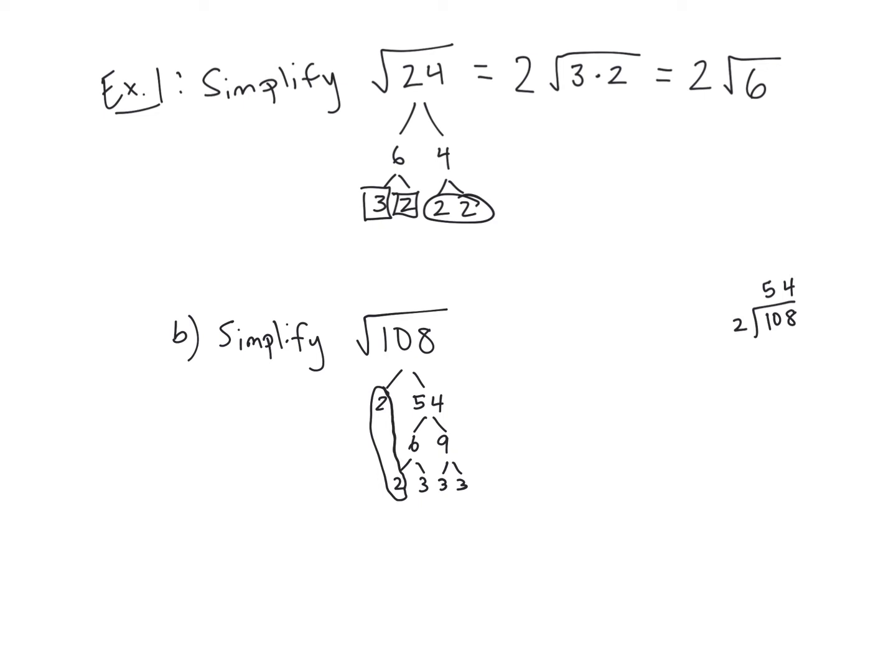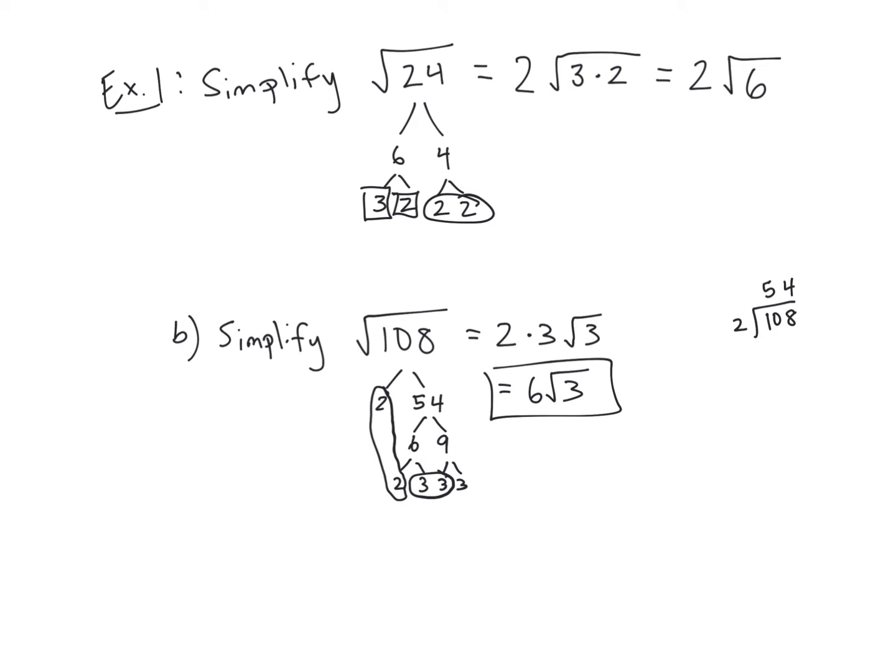So I have a pair of 2's and a pair of 3's. A pair of 2's means a 2 on the outside. A pair of 3's means a 3 on the outside. And then a 3 left over for the inside. 2 times 3 is 6, and the 3 on the inside of the square root makes 6 square root of 3. So that's our general process for simplifying radicals.